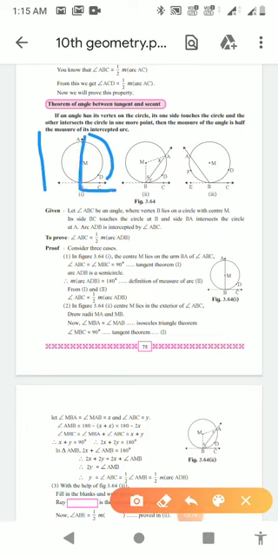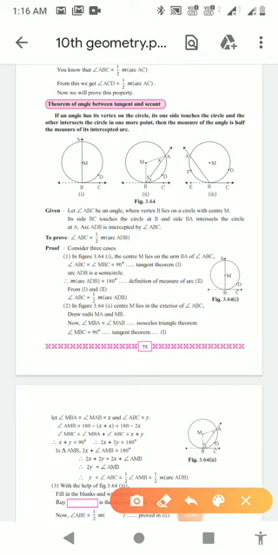Here, according to the statement, if an angle has its vertex on the circle, in this diagram B is the vertex. Its one side touches the circle, which side? That is side BC. And the other side, BA, intersects the circle in one more point, that is, it will intersect at point A, isn't it?